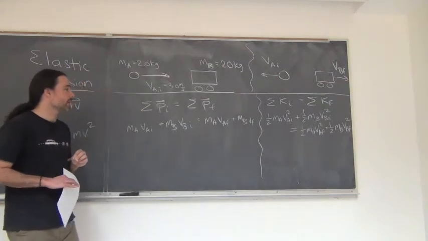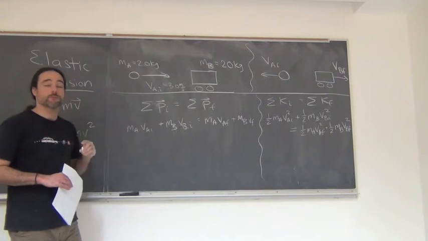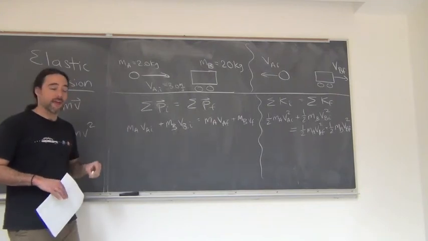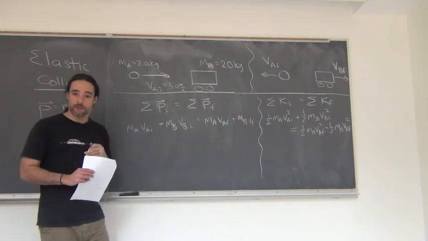Fairly easy to set that up. All I did is I looked at all the possible momentums in the beginning, looked at all the possible momentums at the end, did the same thing with kinetic energy, added them all up, and set them equal to each other.